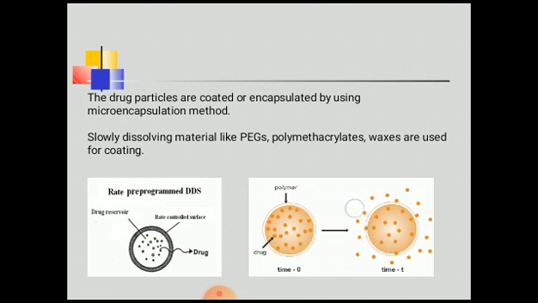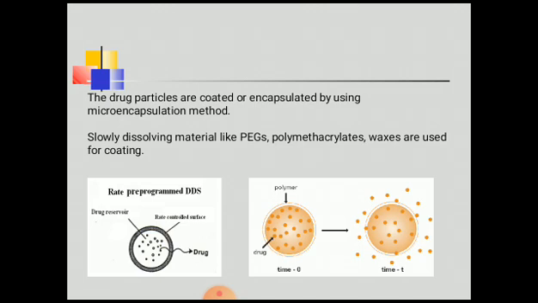Okay, and in this picture we can observe the drug particle embedded in a polymer layer at time 0. Before it goes through the dissolution process, everything will be reservoired in a polymer coated layer.